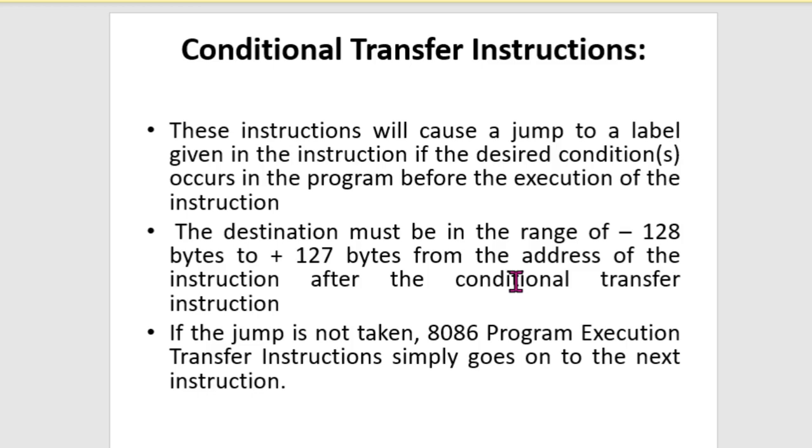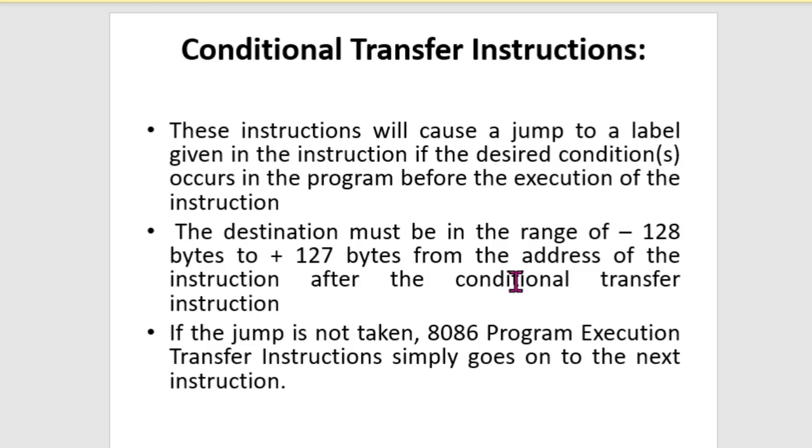That you need to remember for a conditional jump, but an unconditional jump can be made within the segment. You cannot go beyond the segment, but within the segment you can. It mainly depends on how much field is allocated for the address in the jump instruction. That decides the size of the jump. In a conditional jump instruction, the field allocated for the address change is only 8 bits.